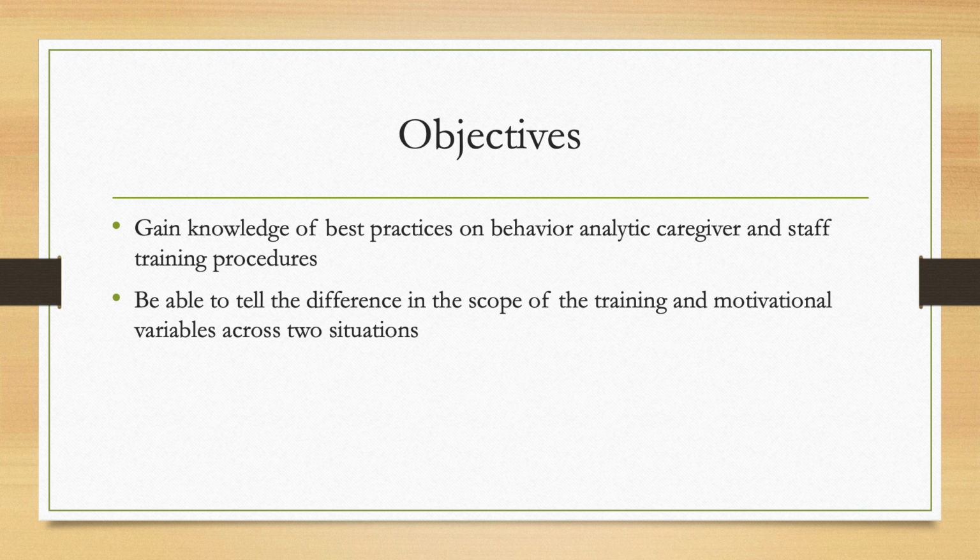And then the next objective is to be able to tell the difference in the scope of the training and motivational variables across two situations. This is an important objective because something that's special about chapter 14 is that they identify the differences in being able to train people at different skill levels, in different settings, and with different backgrounds.